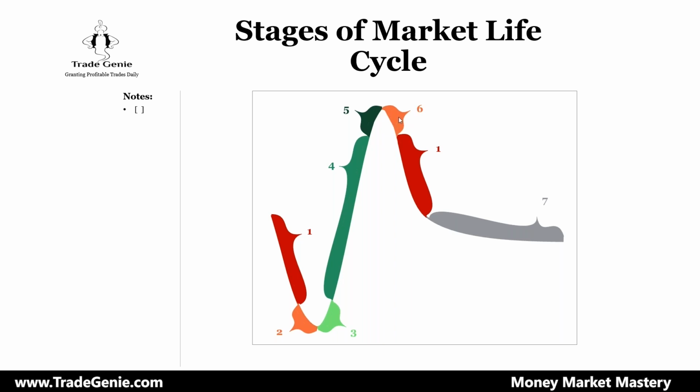The big boys are selling here in stage 6, and in 5 and 6, and we don't know there's selling going on, distribution going on. And the big boys are buying in stages 2 and 3, and the initial stages of 4. Retailers are buying here in 5, or at the end of 4.